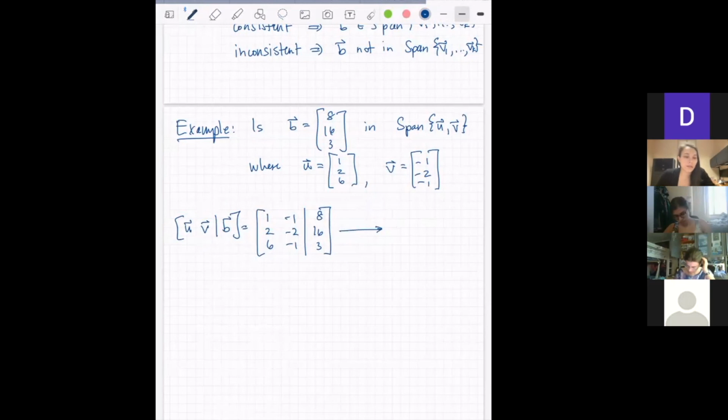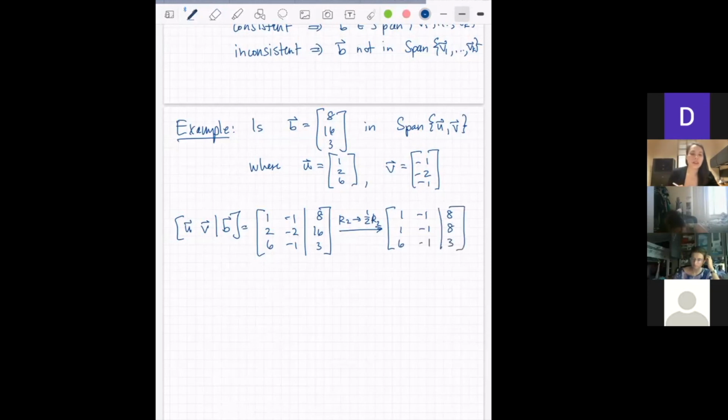Okay, so our first step, we can take row 2 and it'd be nice to have it have a leading 1, right? So we'll just divide by 2. So we would get 1, -1, 8. Right?